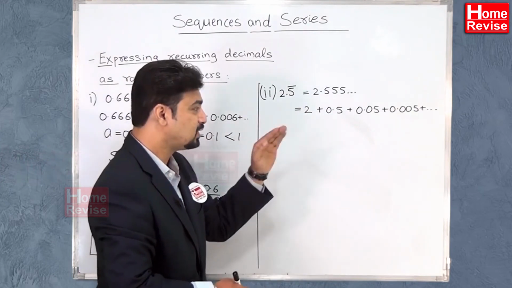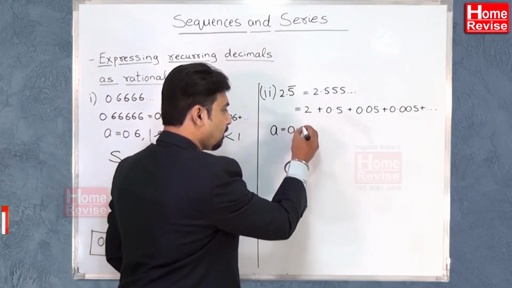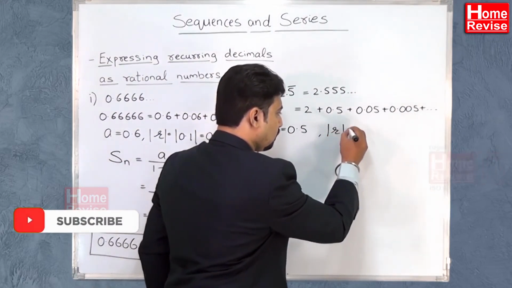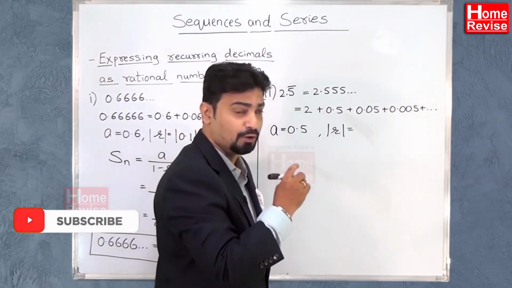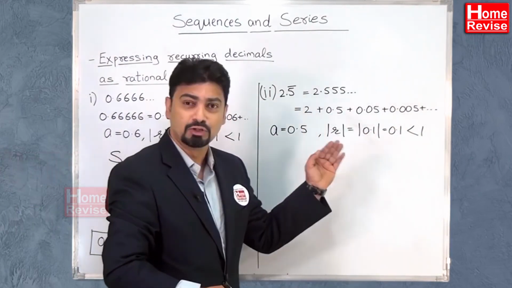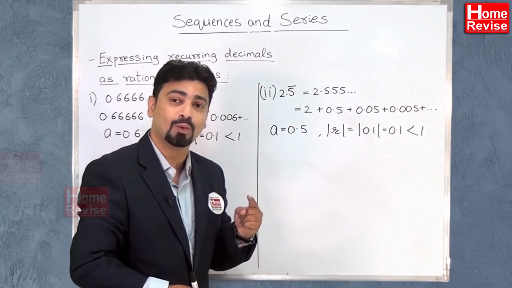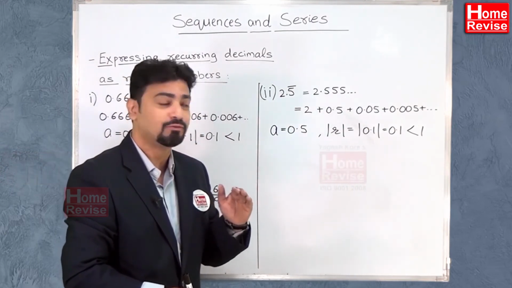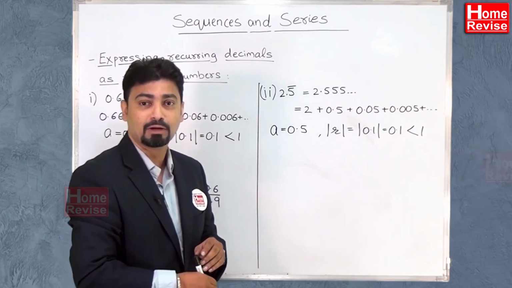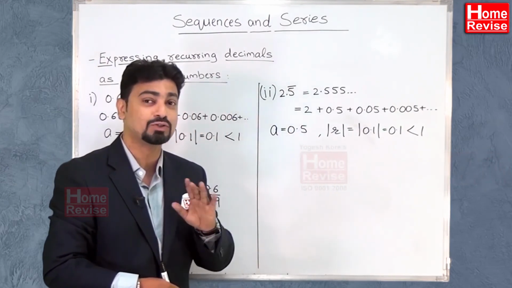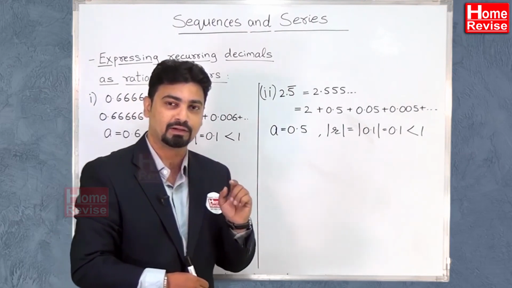So can I write the GP as first term A is 0.5 and mod of R as mod of 0.1, that is 0.1, and 0.1 is less than 1. So yes, I can find the sum to infinity for this GP. Correct? Because the sum to infinity is found only when mod r is less than 1. It is not applicable for mod r greater than 1.